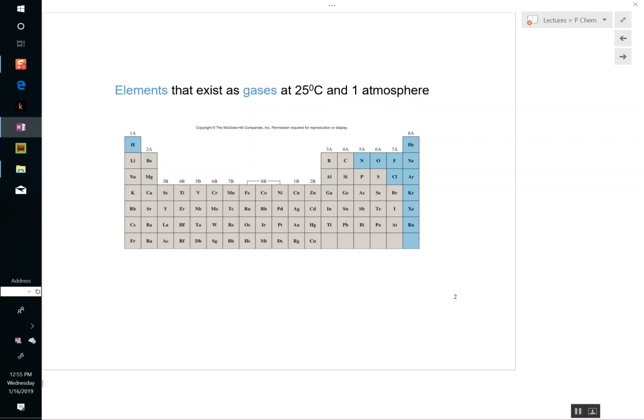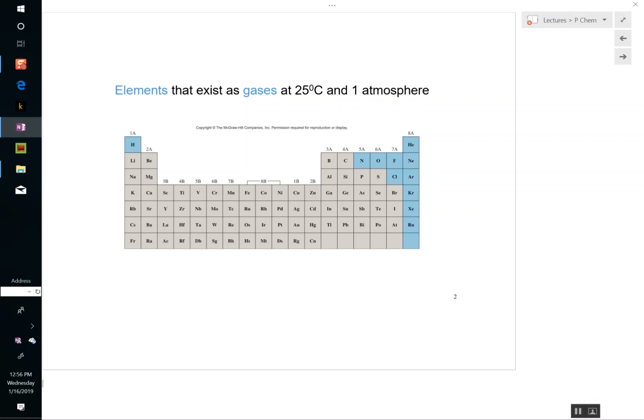So here, in terms of elements, the blue are the elements that exist as gases at 25 degrees C and 1 atmosphere. Now that's not STP. Remember, STP is standard temperature, 0 degrees centigrade, or 273 Kelvin, and 1 atmosphere. But this is at room temperature and a standard pressure.